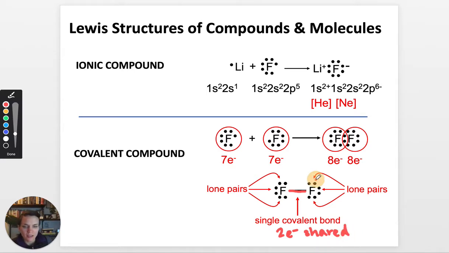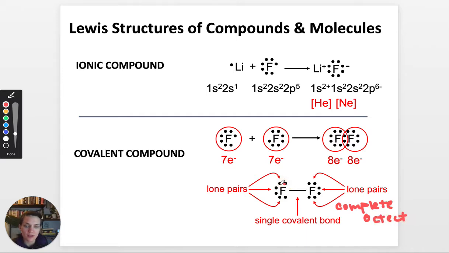So each fluorine came in with 7. And now, by sharing those 2 electrons, this fluorine would own, or we can think about it as having around its nucleus 1, 2, 3, 4, 5, 6, 7, 8, right? Because it counts as 2 for it. That would be 8 electrons. That would complete that fluorine's octet.